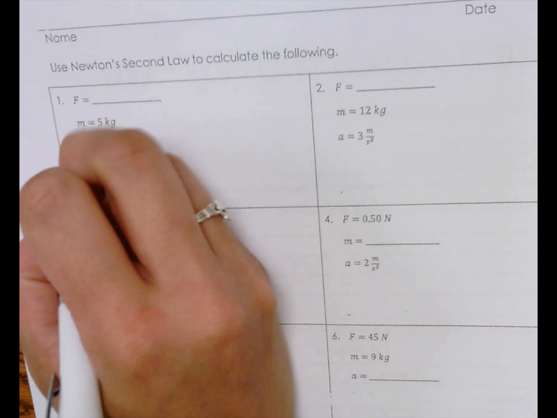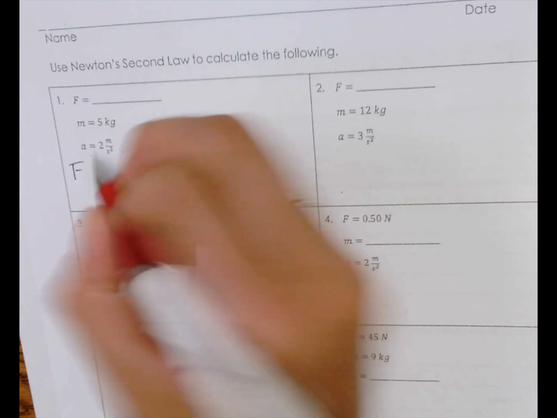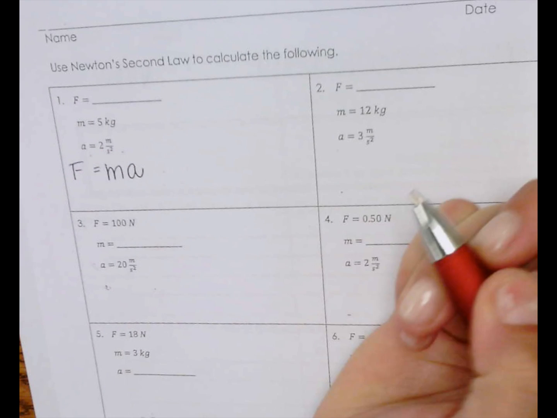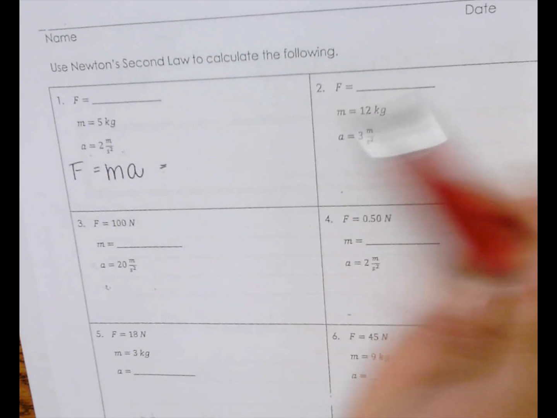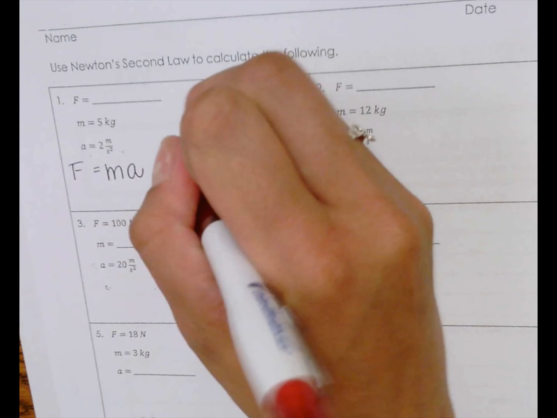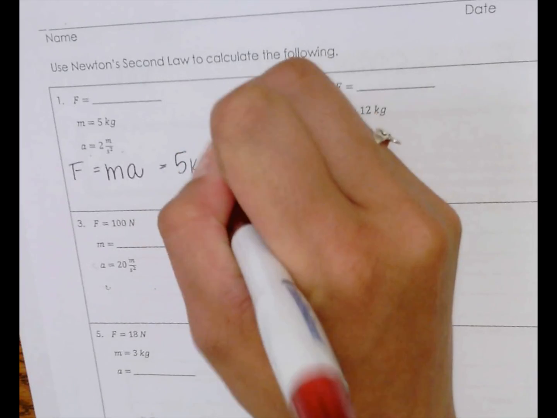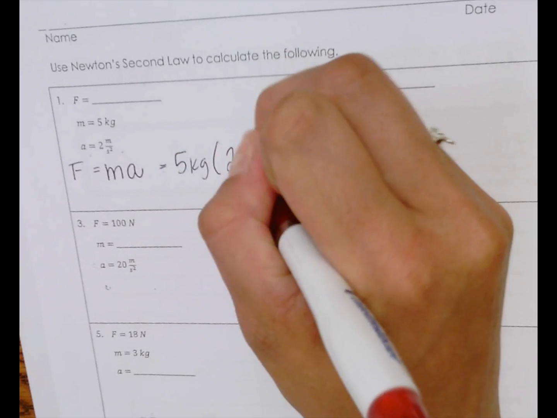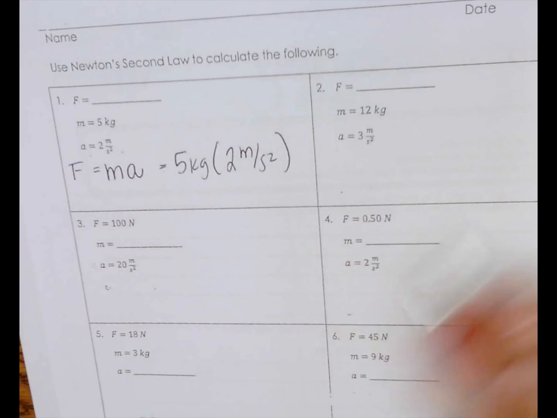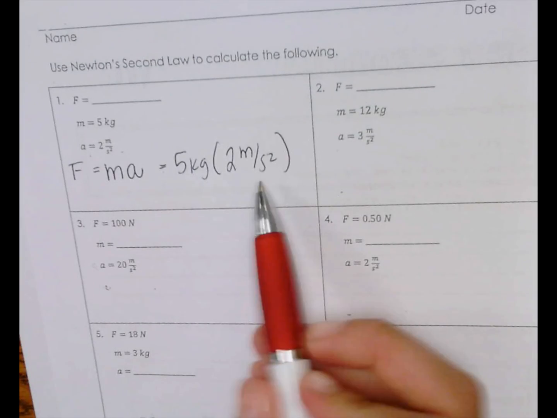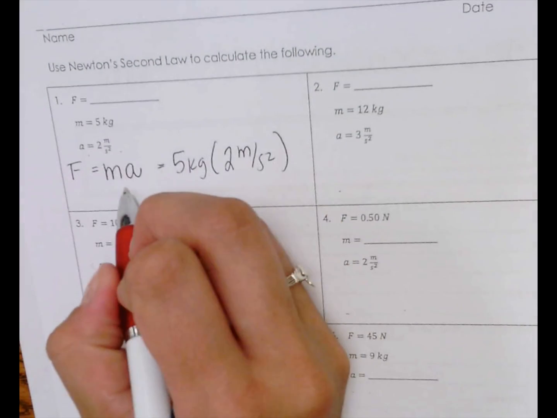And force is equal to mass times acceleration. So all we need to do is take the mass, which is 5 kilograms, and multiply that by the acceleration, which is 2 meters per second squared. 5 times 2 gives us 10.